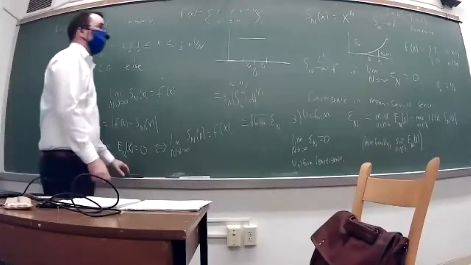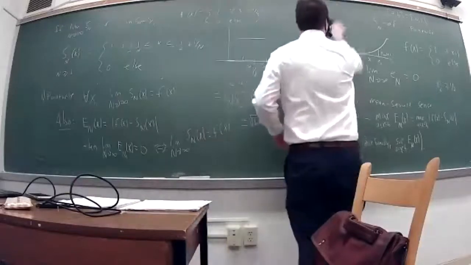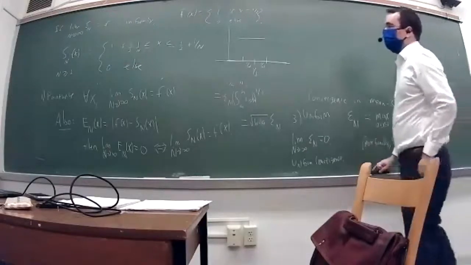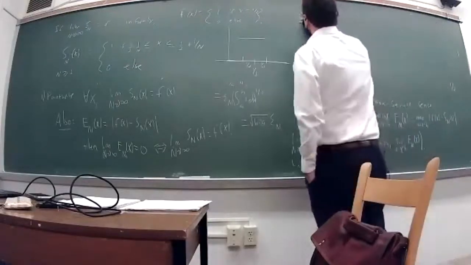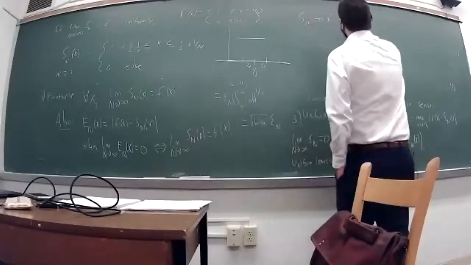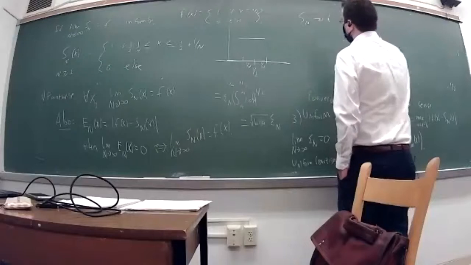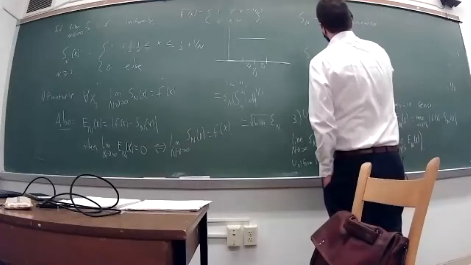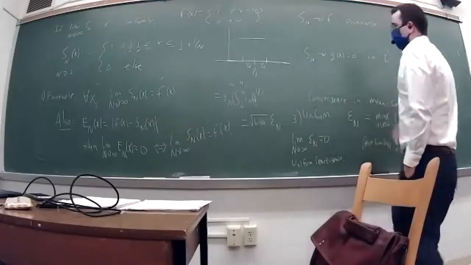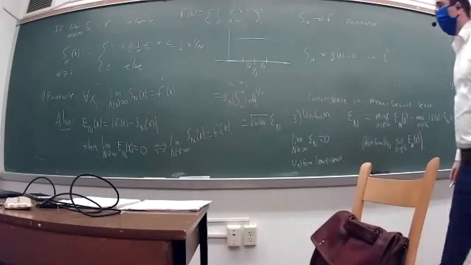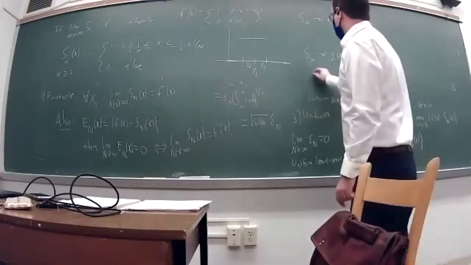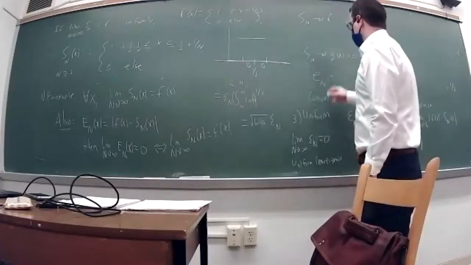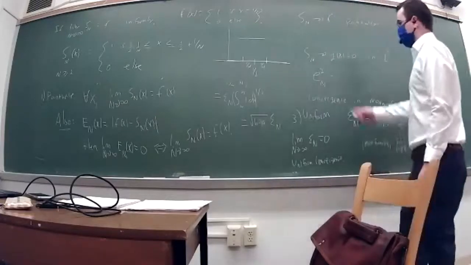On the other hand, the mean square limit of this I think is just the 0 function. So S_n converges to f pointwise, but S_n converges to 0 in L2. And why is that so? Because if you write down the mean square error, let's write down the square of it just to get rid of the square root.